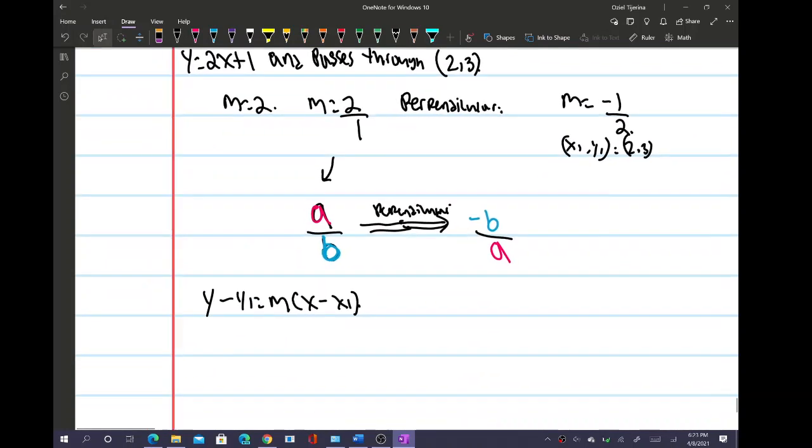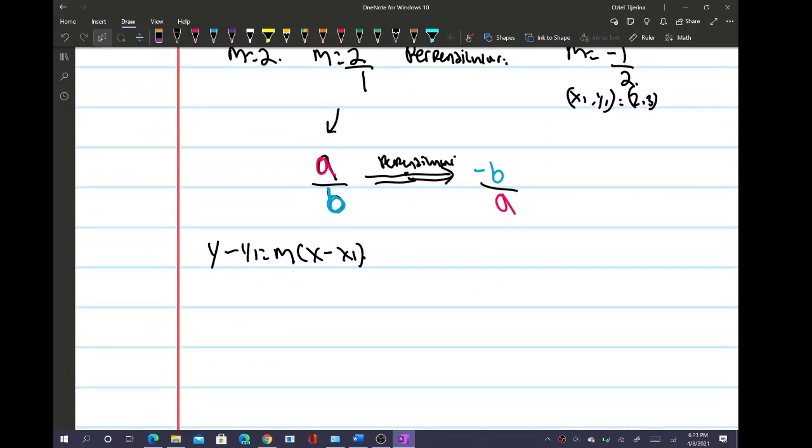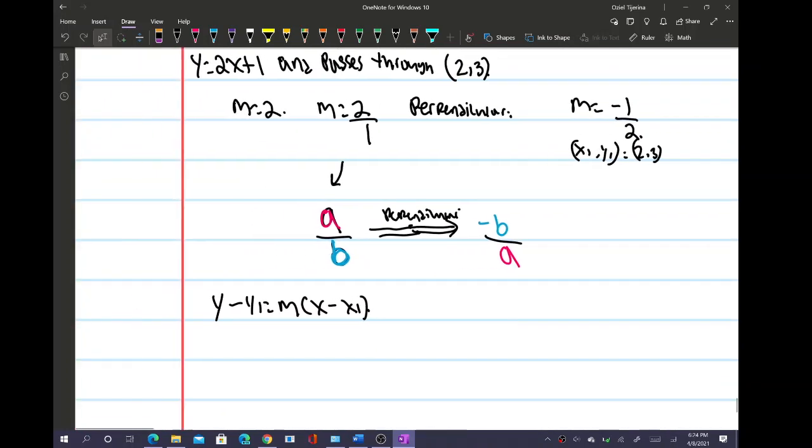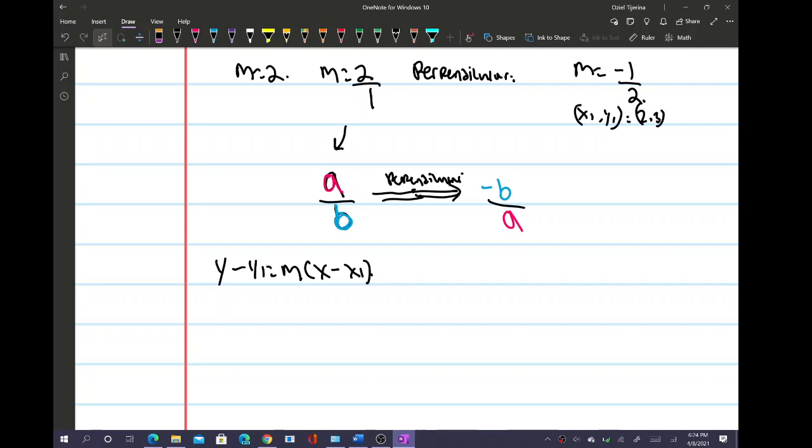Let's write it in slope-intercept form for this one. So we would say y minus 3 equals negative 1/2 times x minus 2, right?